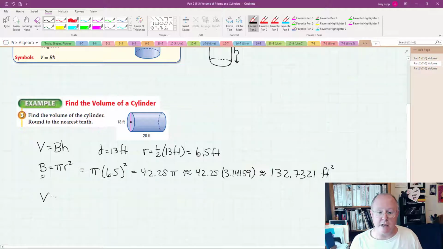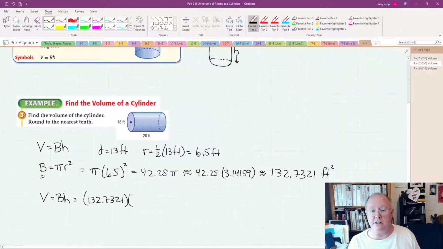So now we have to go back and take that and plug it into our formula. Volume is equal to capital B times H. Okay, so capital B times H is equal to 132.7321 times H. And H in this case is the height of the cylinder, which is 20 feet.